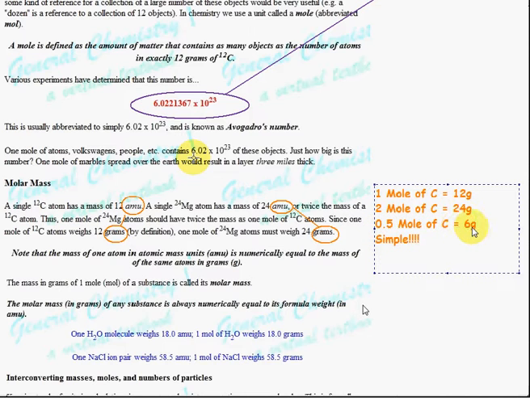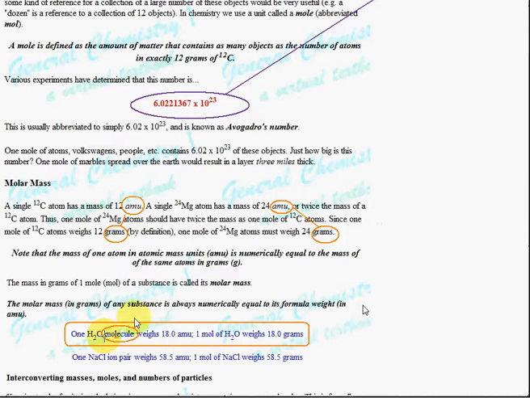And molarity doesn't have to be restricted to just atoms. For instance, in this example that I'm highlighting, the water molecule is a collection of atoms that makes up a molecule. So it doesn't necessarily have to be atoms, it can be molecules as well.